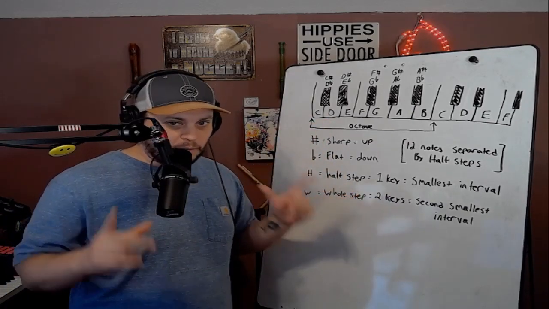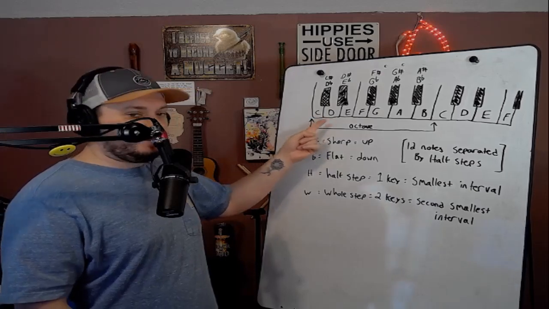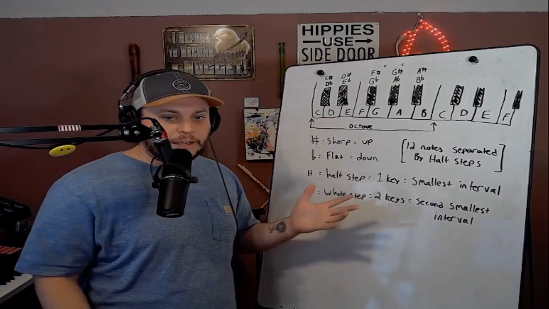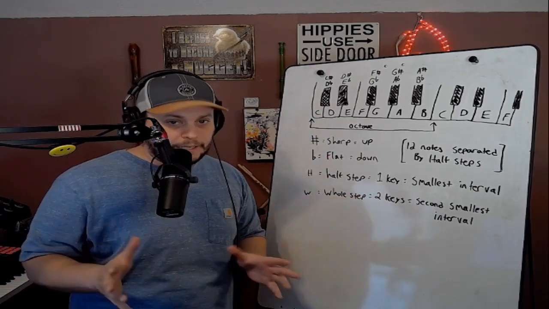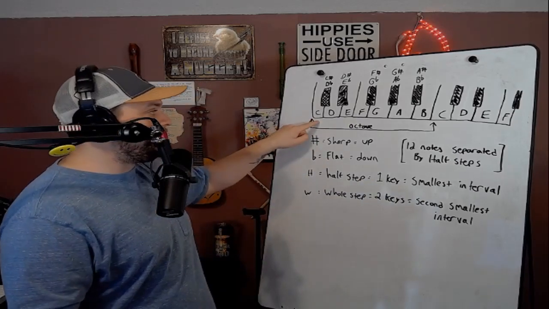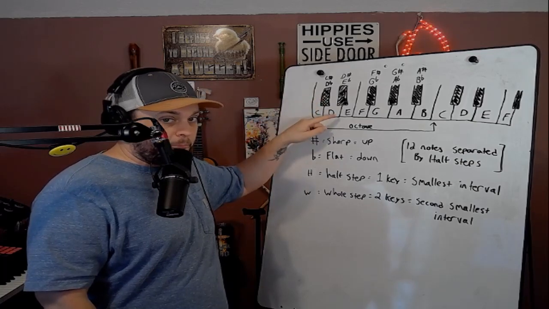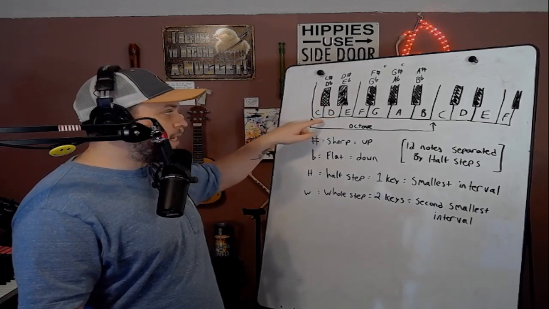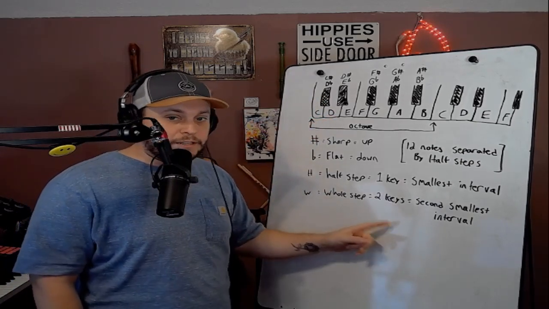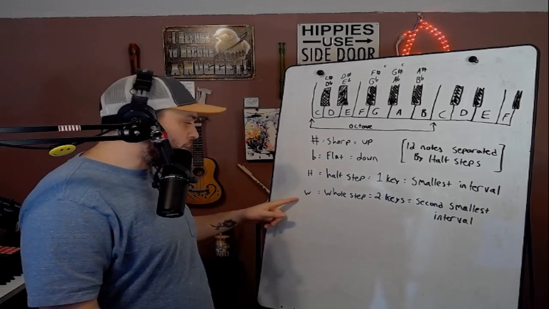They are not. Let me repeat that. They look one key apart because they're going up by a white key, but that's actually not one key. One key is from C to C sharp, and then another key is from C sharp to D. So C and D are actually two keys apart, which is called a whole step.